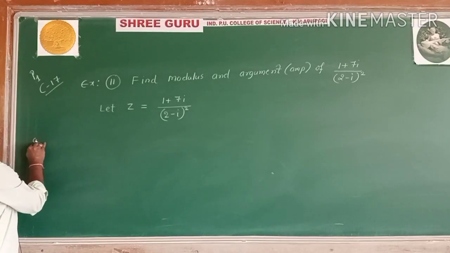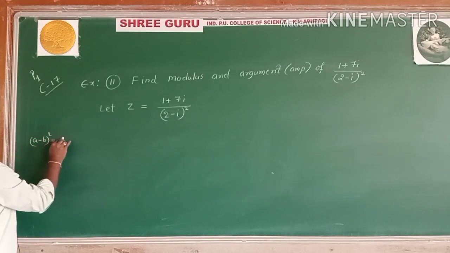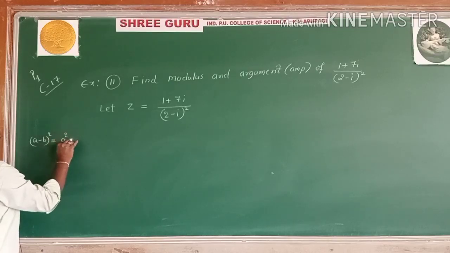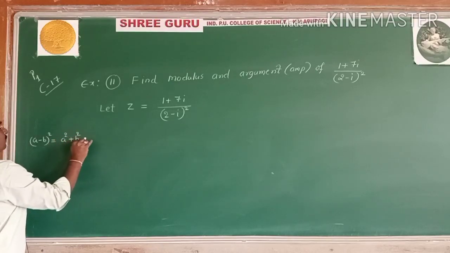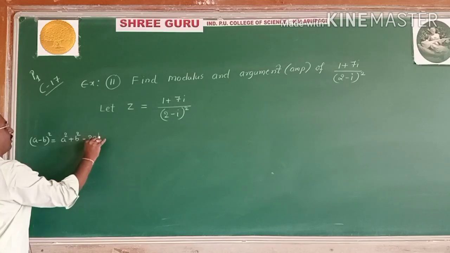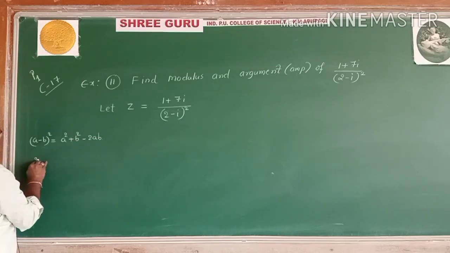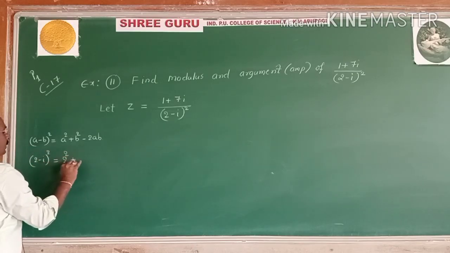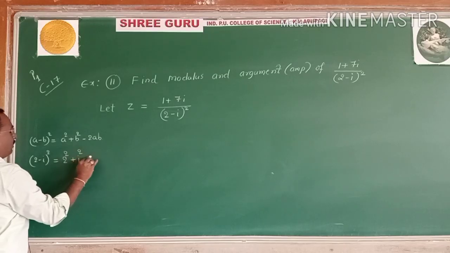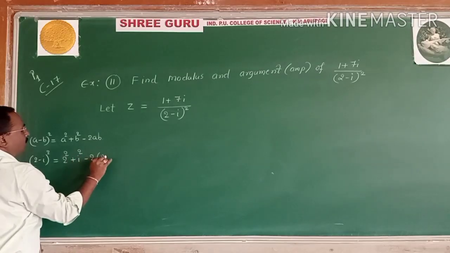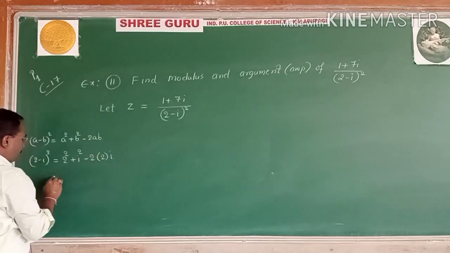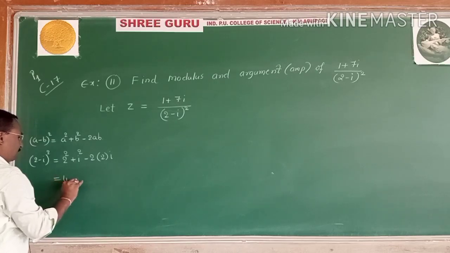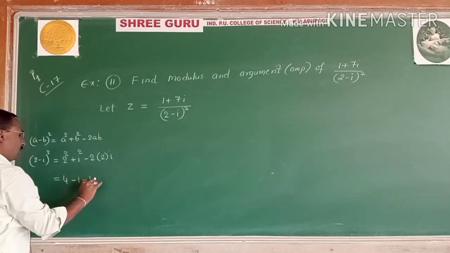We know that (a minus b) whole square is equal to a square plus b square minus 2ab. That is, (2 minus i) whole square can be written as 2 square plus i square minus 2ab, 2 into i. 2 square is 4, i square value is minus 1, minus 4i.